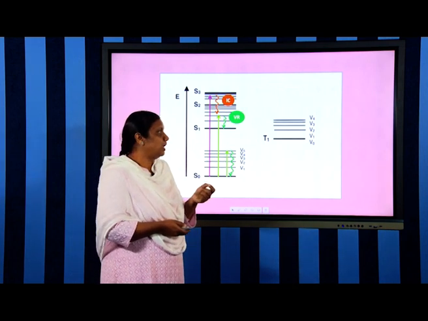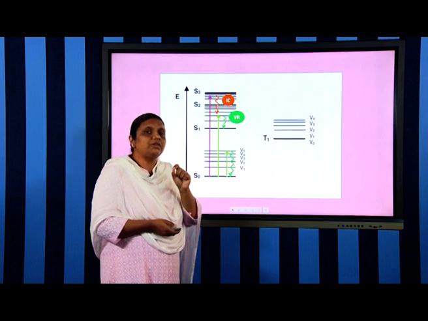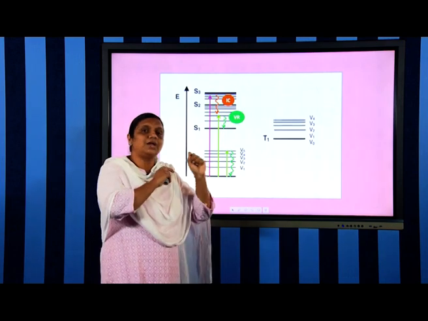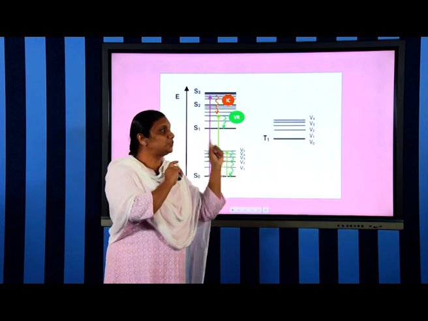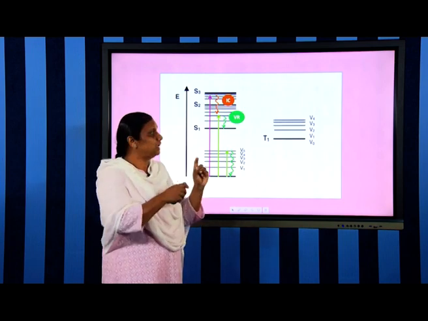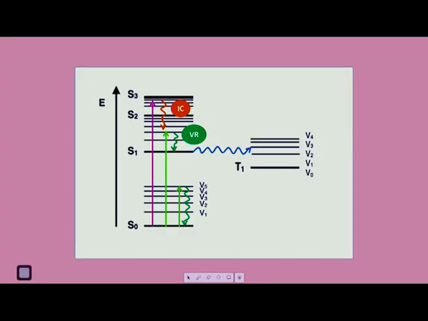From there, if the energy level of the singlet excited state is overlapping with the energy level of the triplet excited state, then it is possible that the electron can transit from S1 to any of the vibrational levels of T1 which are overlapping with each other.